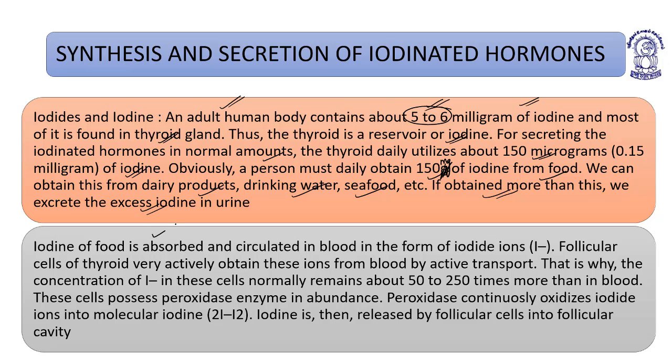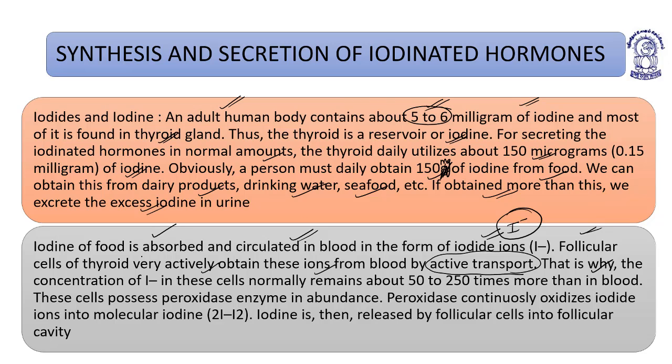Iodine of food is absorbed and circulated in the blood in the form of iodide ions, I minus. Follicular cells of the thyroid very actively obtain these ions from the blood by active transport.